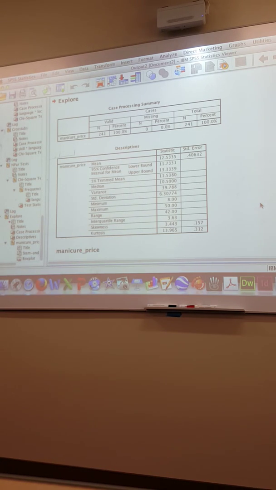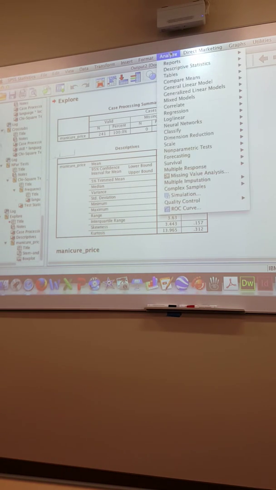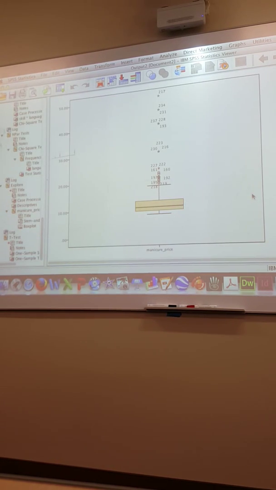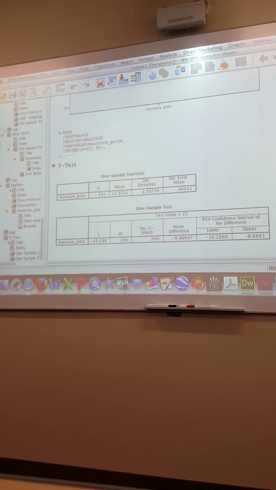Number 15, one sample t-test. So we put in manicure price. What's our test value? 22. And what we see here is, the mean of this sample is $12.53.